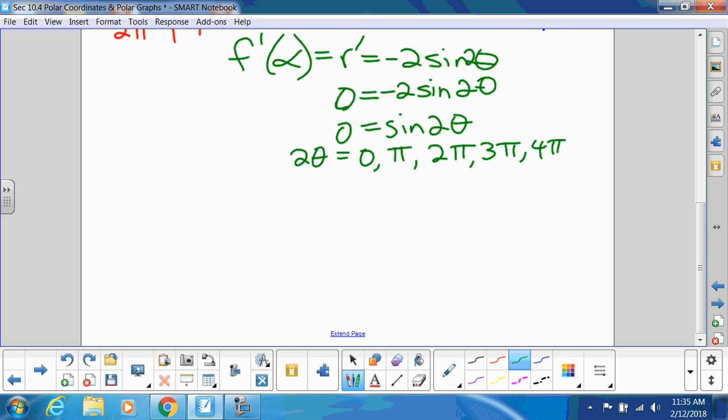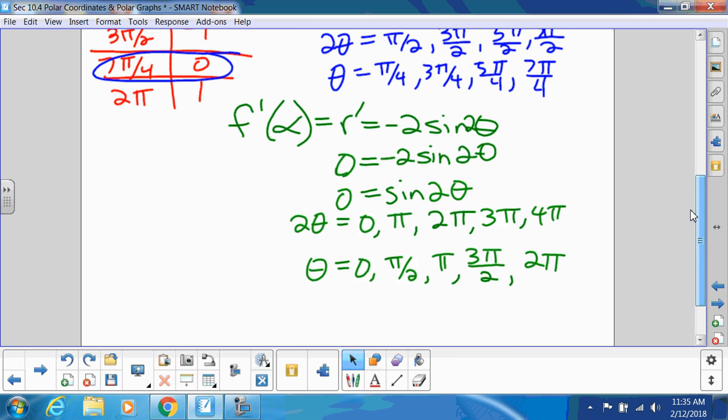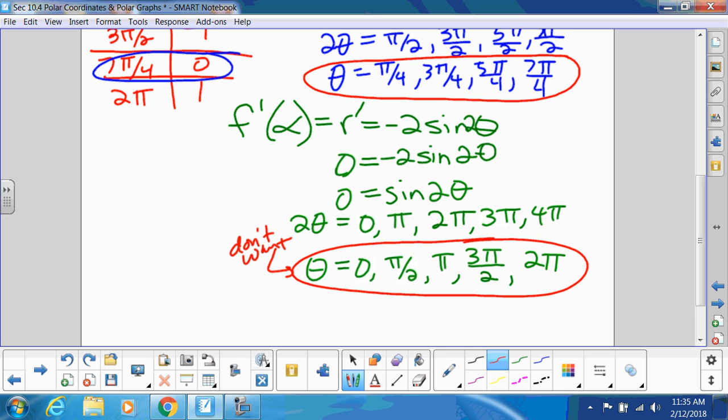If we divide by 2, we're getting this. We want to make sure that theta is not equal to these. So remember, we don't want these. If we look at our thetas from when we solved the original for equal to 0, none of those are occurring down here. So there's nothing in common.